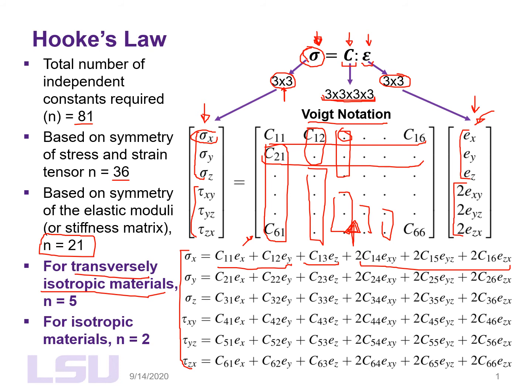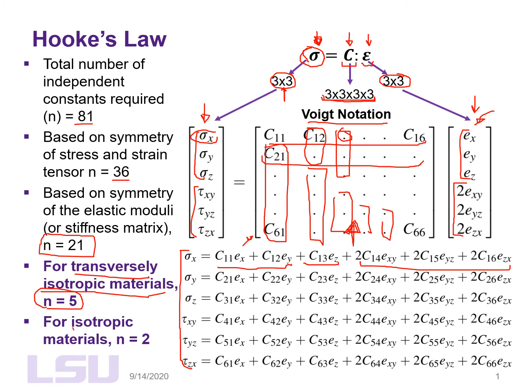Because we explained that in the horizontal direction, the material is the same in all directions, but changes as you go vertically downwards due to layering. So that will reduce this number of independent constants further from 21 to just 5. So you will need only 5 independent material properties to describe transversely isotropic materials.